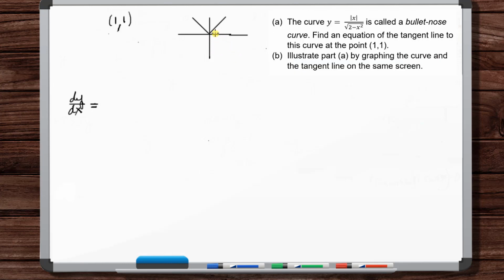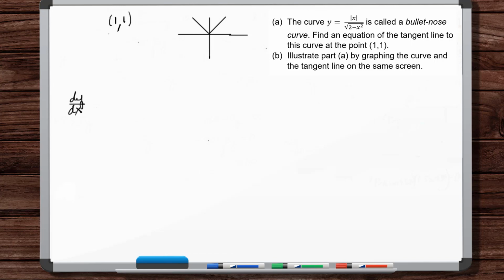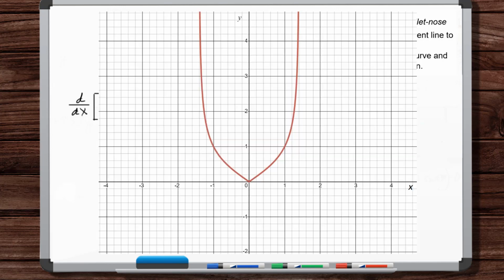So what we need to do is realize that we can remove the absolute value symbol based on where we need to evaluate this derivative. We're at (1, 1), x is positive. So we're taking d/dx of, just remove the absolute value symbol, because the portion of the curve that we're evaluating has x positive.